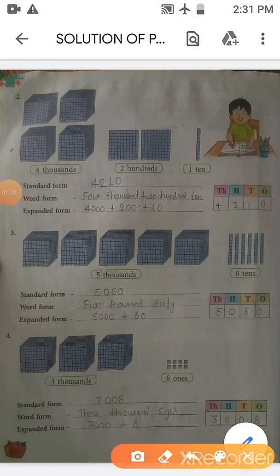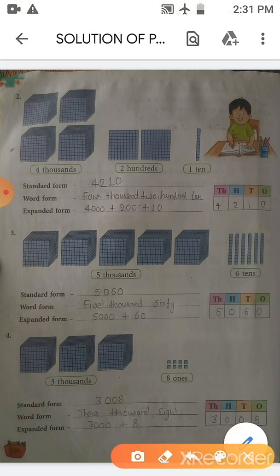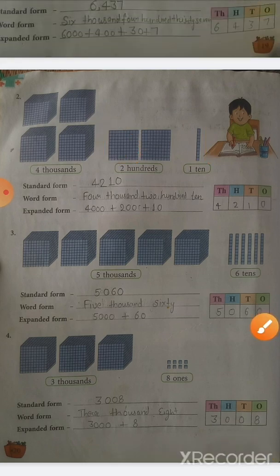So, as we know, these single blocks represent 1000. So, if here are 4 of these blocks, it means here will be 4000, and this block represents 100. So if 2 blocks, it means 200, and this vertical represents 10.